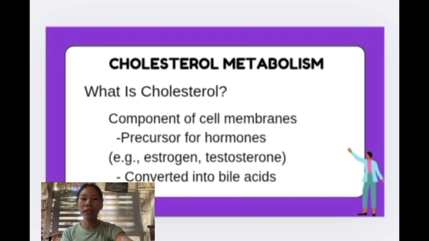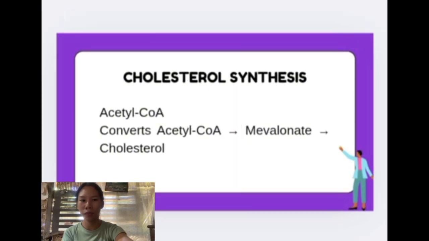So the liver synthesizes cholesterol de novo and also takes up cholesterol from LDL. Cholesterol is excreted from the body primarily via bile acids. Regulation of cholesterol synthesis and uptake is very important for maintaining cholesterol homeostasis.